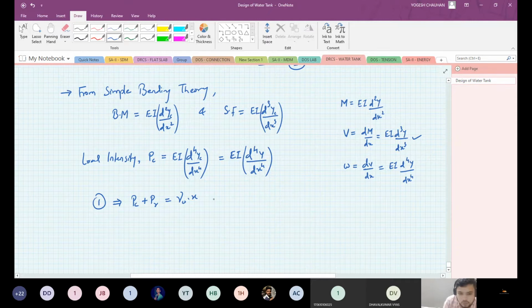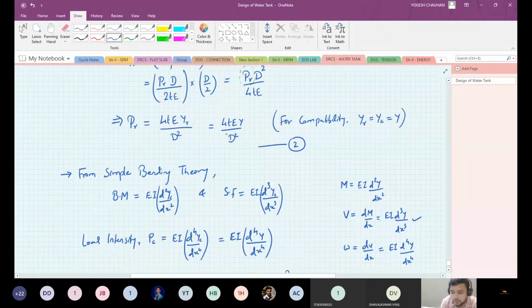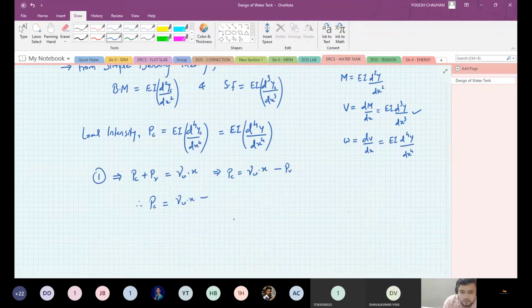This implies PC is equal to gamma w x minus PR. Now what is PR? PR is 4t e y by t square, and this should be equal to this.